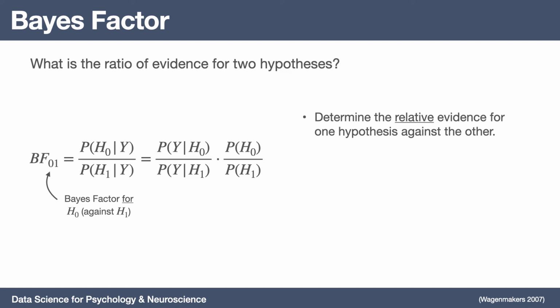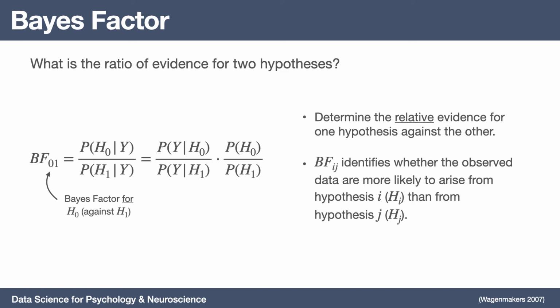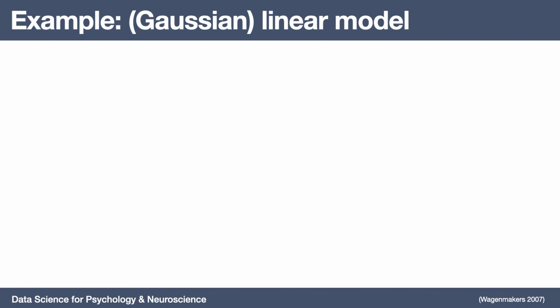Now I've presented on the left here the Bayes factor 0,1. That nomenclature 0,1 or 1,0 follows this logic. Any Bayes factor ij identifies whether the observed data are more likely to arise from hypothesis i than hypothesis j. So you're calculating the evidence towards the numerator. Let's go back to our Gaussian linear model here for a second. We can compare two hypotheses.